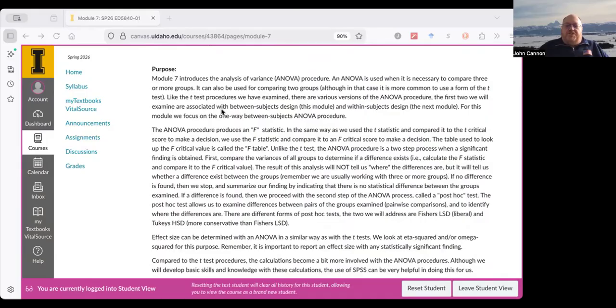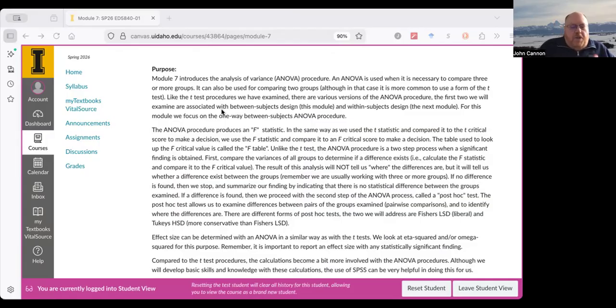Like the t-test procedures, which we have just examined, there are various versions of the ANOVA procedure. The first two we will examine are associated with between subjects design in this module and within subjects design in the next module. For this module, we focus on the one-way between subjects ANOVA procedure.